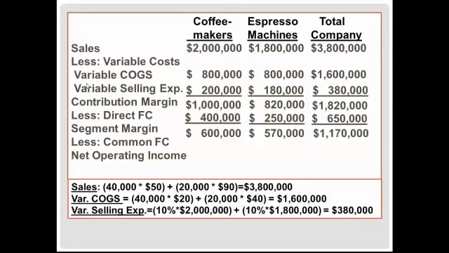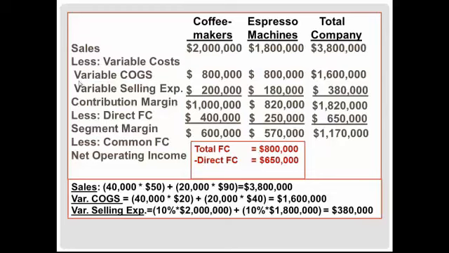Now, if we're asked to total out the net operating income for the company, we're going to have to find what our common fixed costs are. Refer back to your information, and you'll find that total fixed costs were given to be $800,000. Of that amount, $650,000 was directly traceable to the two segments.